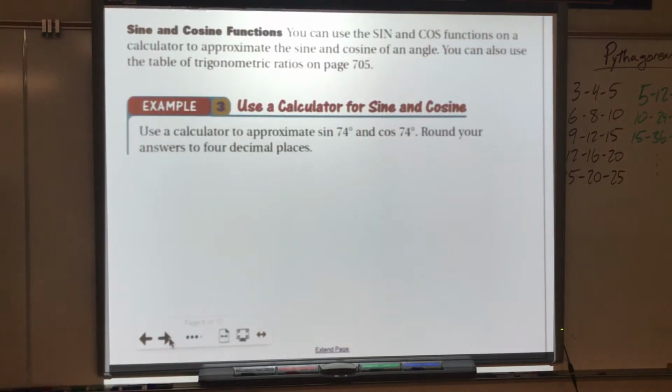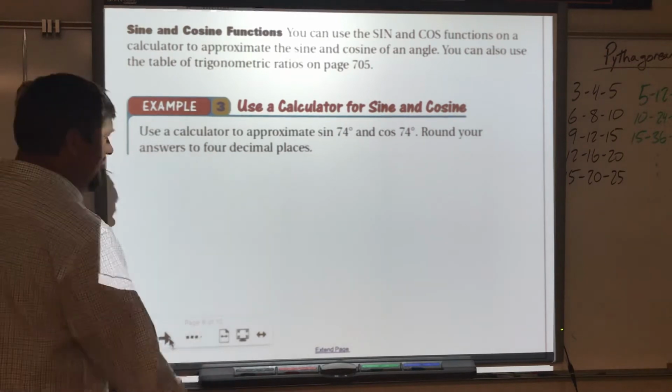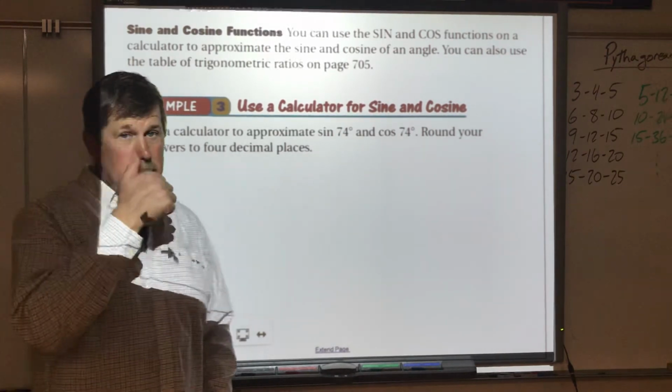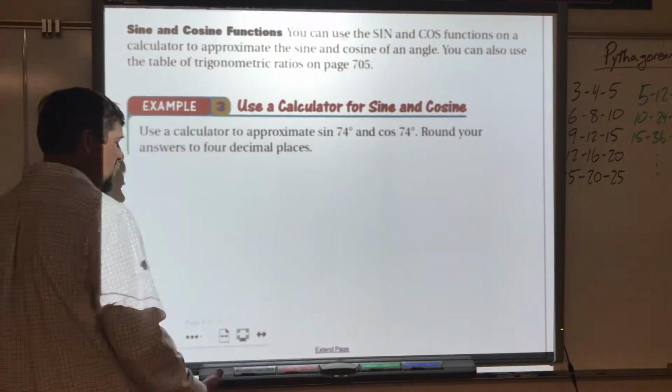Now we're going to approximate what they are. Again, you need to make sure your calculator is in degree mode.